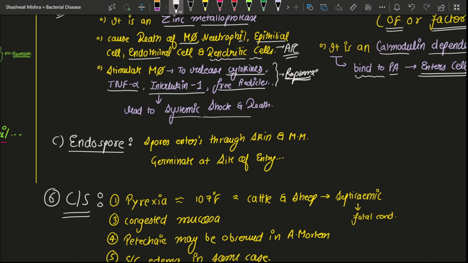Whenever there is an acute situation, it will ultimately lead to the death of the animal. If there is a large amount of spore ingestion or inhalation by a particular animal, it will lead to systemic shock and sudden death. There will be systemic shock in the cases that sustain for a few more days, but the more sudden death would be in the acute cases, in which the animal ingests a large amount of anthrax spores, right?